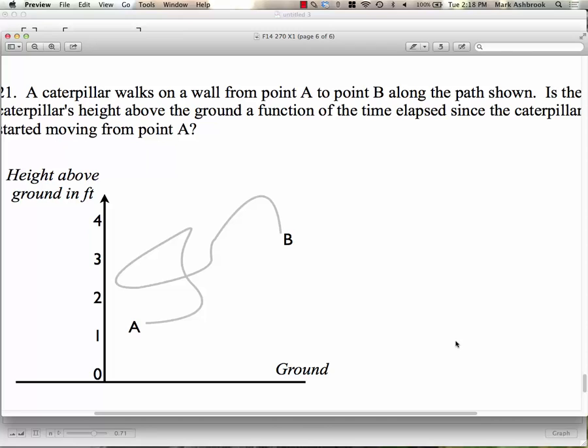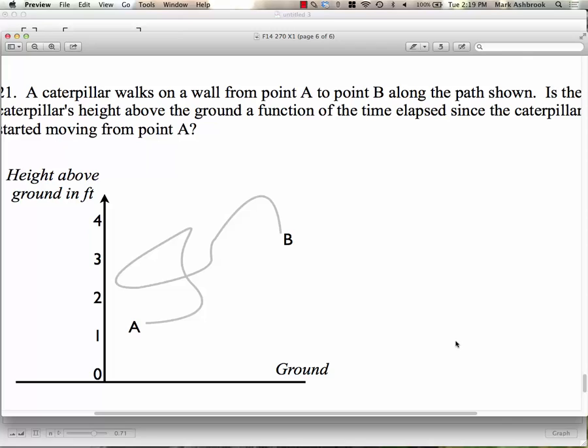In the actual graph of time versus height it would be, but yeah, the question is: is the caterpillar's height above the ground a function of the time elapsed? That's the diagram representing the question. I mean, that might be parametric.